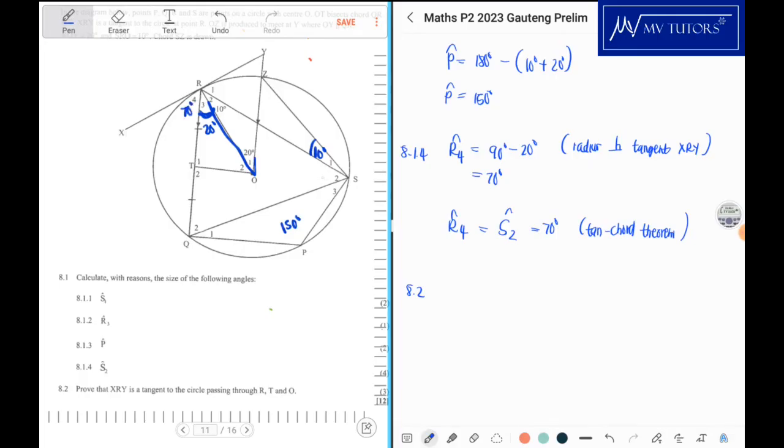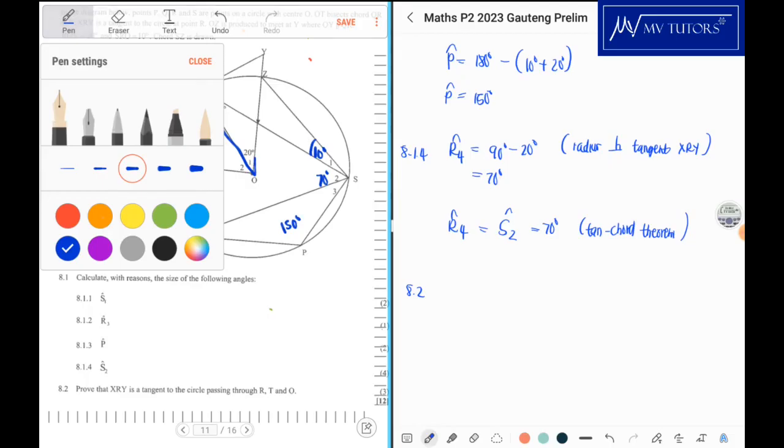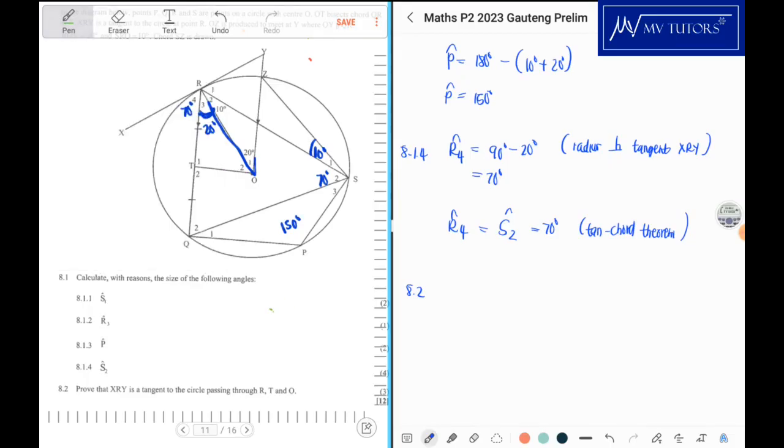So basically put everything that we know. Now, XRY is a tangent to the circle passing through RTO. Let's use green to point out this RTO. So the circle passing through RTO might look something like that.